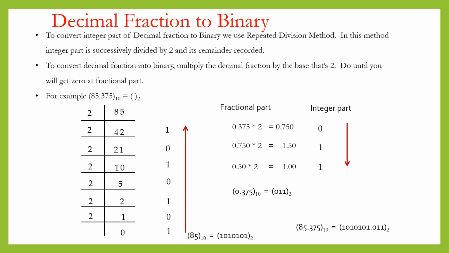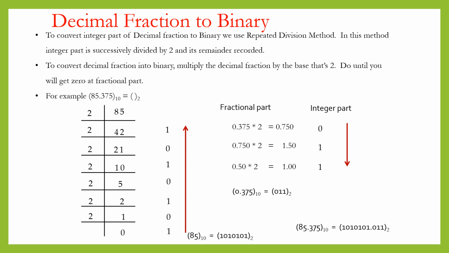You have to convert 85.375, that is a decimal number, to its binary value. Here we have used the repeated division method for the integer part, that is 85, and the remainders are recorded here. That is, 85 is equal to 1010101. So decimal number 85 is equal to 1010101 binary value.